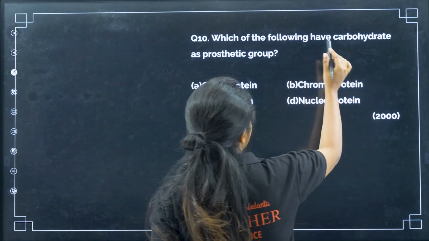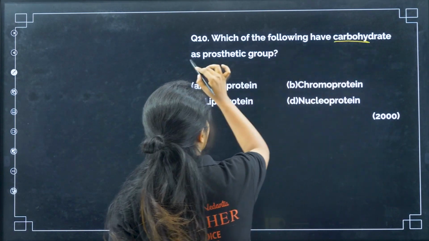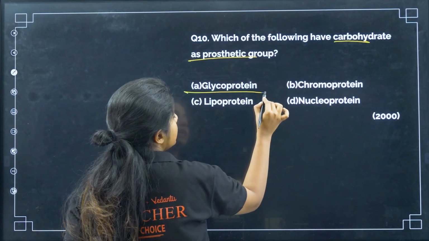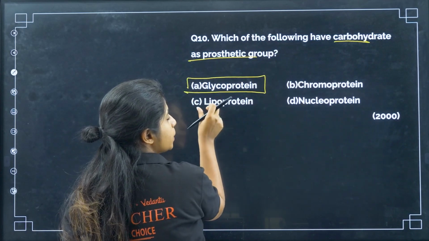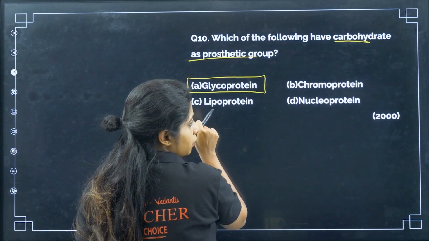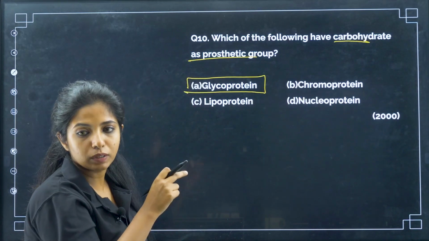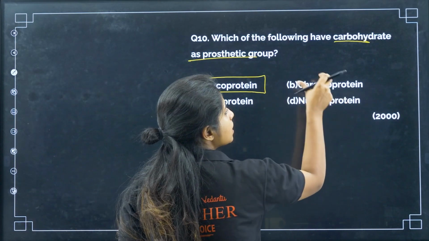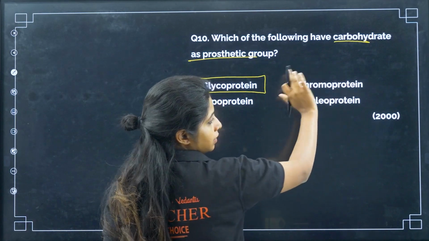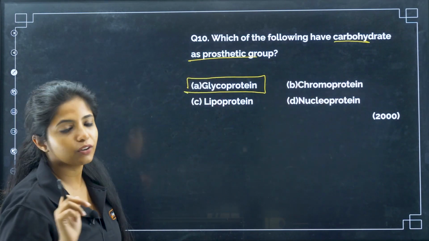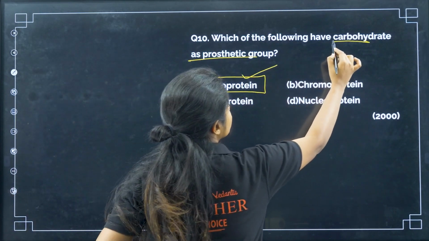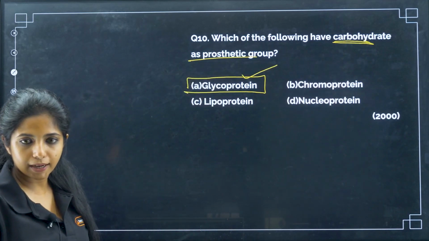So it would be glycoprotein. Lipoprotein means lipid is attached to protein, so lipid is the prosthetic group. Nucleoprotein means nucleic acid is attached to the protein, so nucleic acid is the prosthetic group. Chromoprotein means some pigment is attached to the protein, and that is the prosthetic group. Over here your answer would be glycoprotein because you have to look for the carbohydrate.